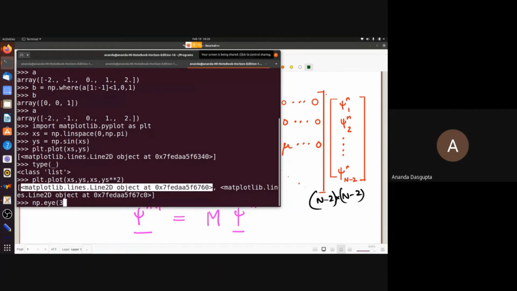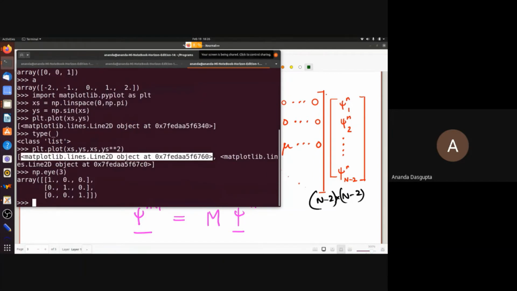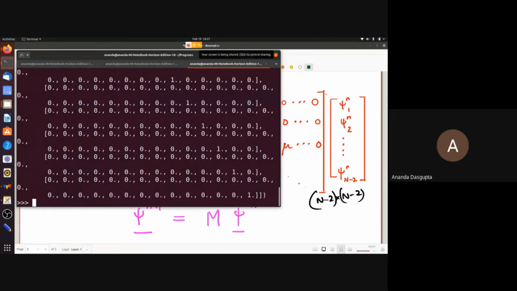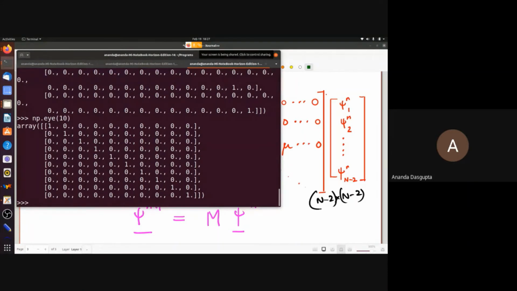So this produces an identity matrix. Say 30 would produce a 30 by 30 identity matrix. Maybe a bit too ambitious, so maybe 10. You will see a 10 by 10 identity matrix. But the good thing about eye is that it actually can give you something else. You can actually specify shifted identity matrices.